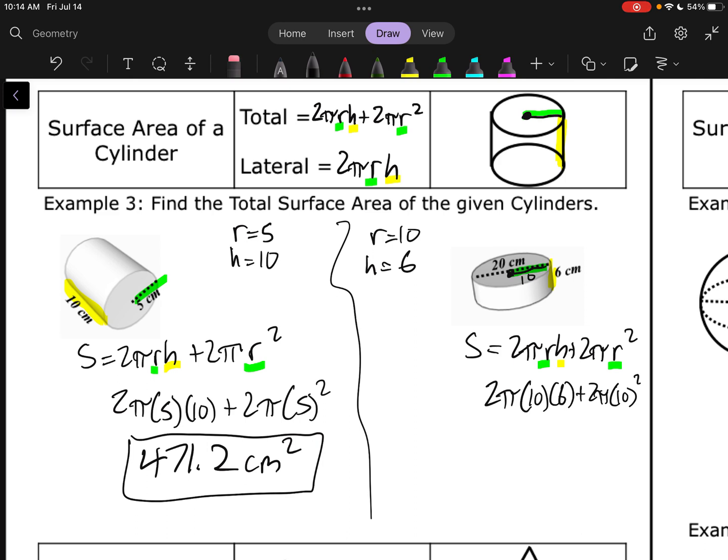Let me plug that into my calculator here. And I'm getting 1005.3 centimeters squared. And that is with me using the pi button on my calculator, not 3.14. So if you're trying it using 3.14, yours is going to be a little bit different than mine.